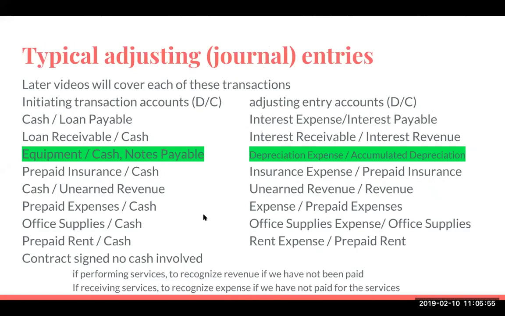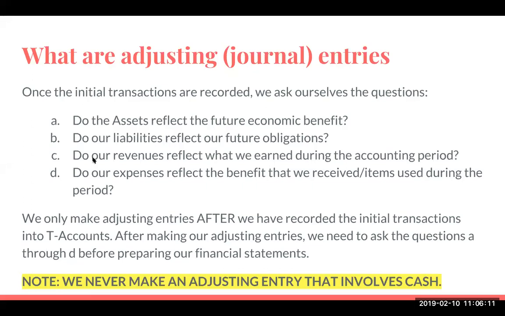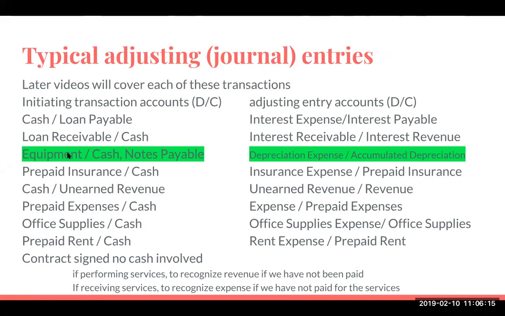So right over here, we're now going down the list. The prior two videos covered, on a simplified and a more detailed basis, cash and loans payable, and here we've got equipment: what happens when we buy equipment. When we're purchasing equipment, that equipment is an asset.